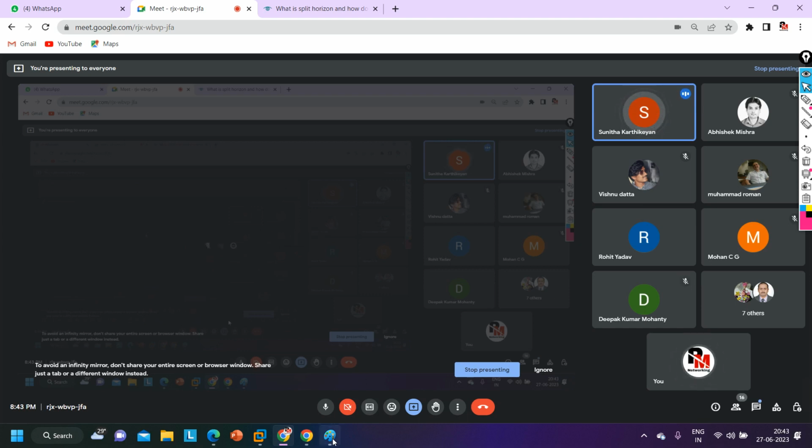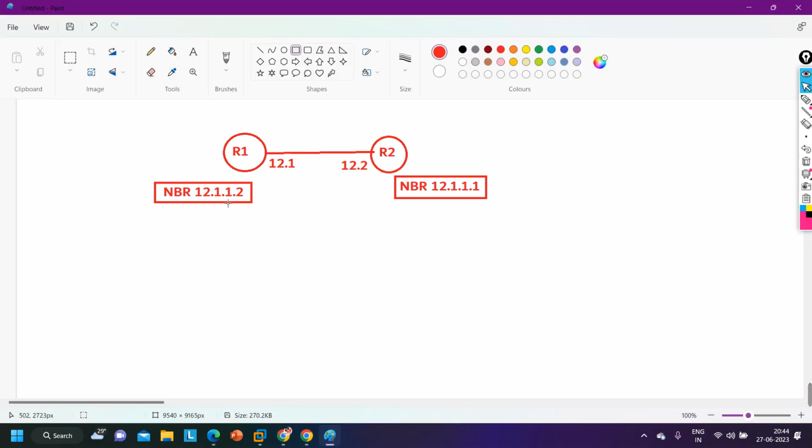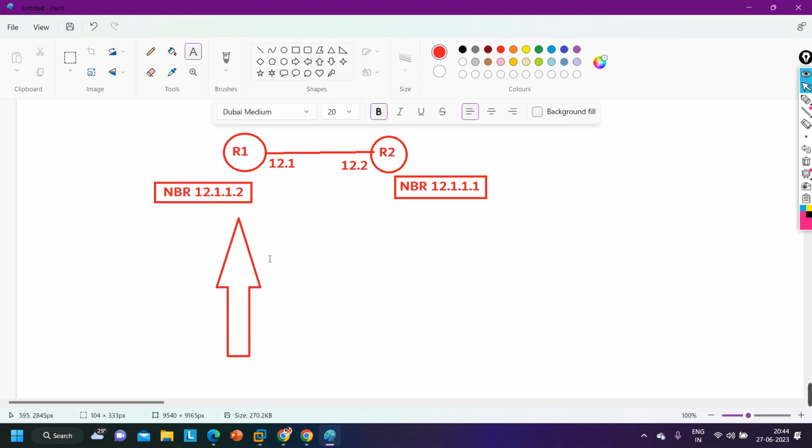Exactly. Like, let's say I have one router, R1, and R1 has received a message. Let's say it is a telnet message at the application layer.